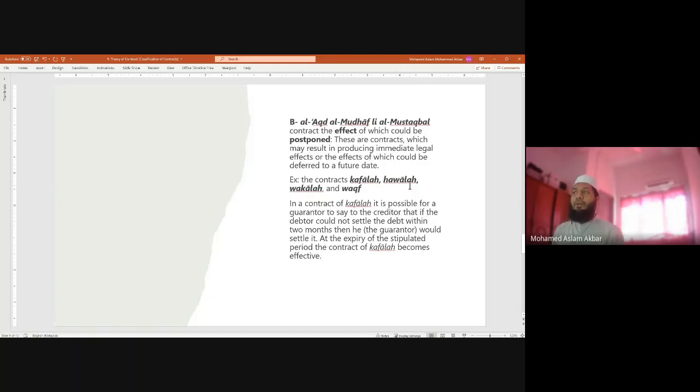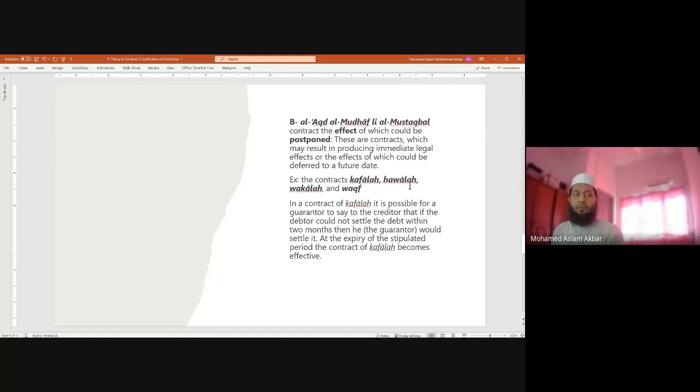For example, kafala, right? When someone says guarantee. So right now a bank is ready to give you the loan, and the bank is concluding the contract, selling you the house on the basis of the loan. But the bank is asking you to produce a guarantor.